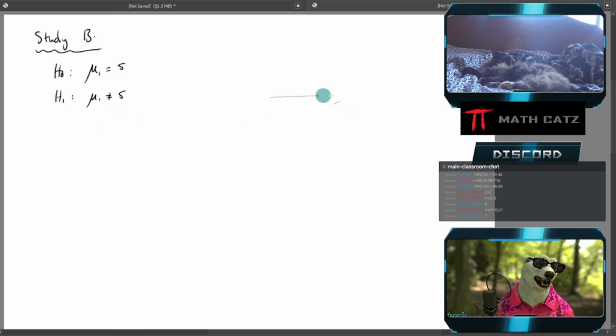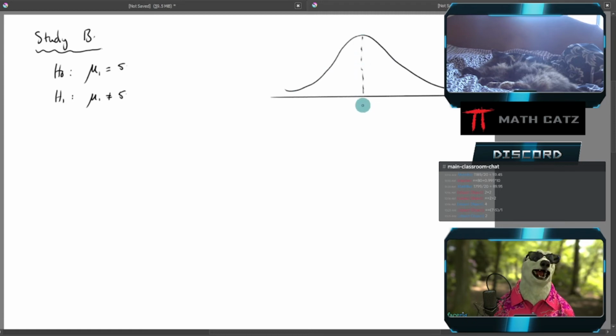So if I visualize the situation here, we have a normal distribution. Under the null hypothesis, we have 5 mean, or of course a 0 z-score. And now we have a two-tailed test. So we're going to have two cutoffs on either side.